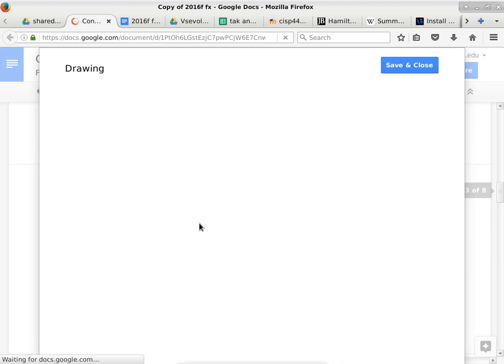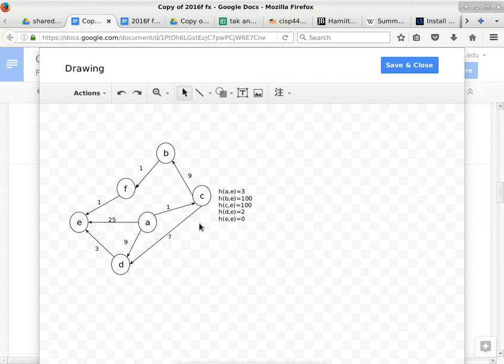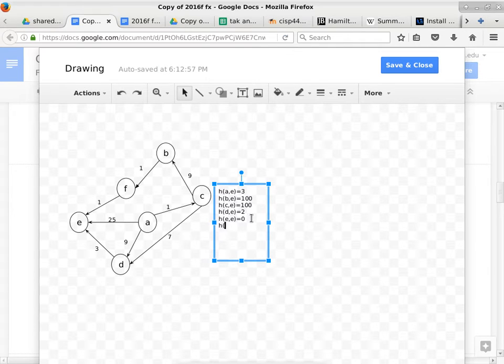Okay, so we'll need h of fe to be something, to be determined. So C is going to be in the open set for sure.